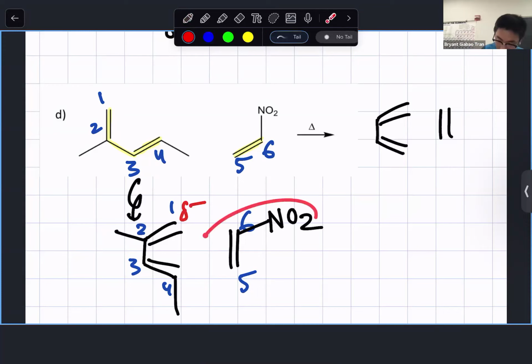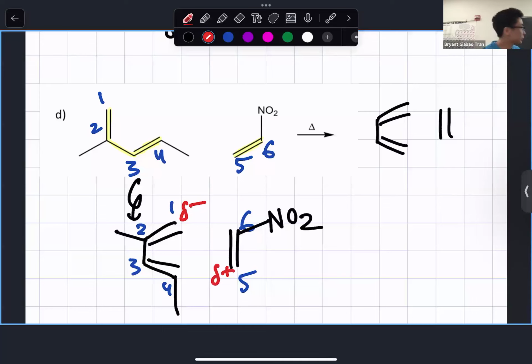And on the dienophile, what would be the positive charge? Down, right? So the way I drew it first, the way I oriented it, this would give us the wrong product if we just went straight through. We would have to flip one of them now, because I didn't know where the charges are as I was drawing it. I was just drawing random things because I wanted to draw it in this form first and then align the charges afterwards.